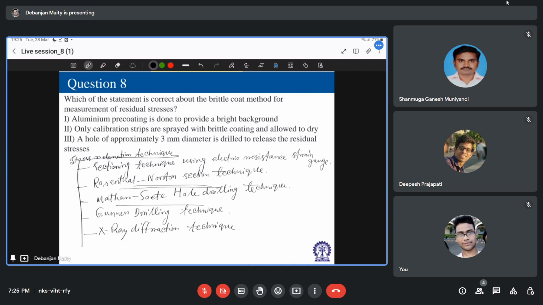So how does this XRD work basically? Let me draw a figure.